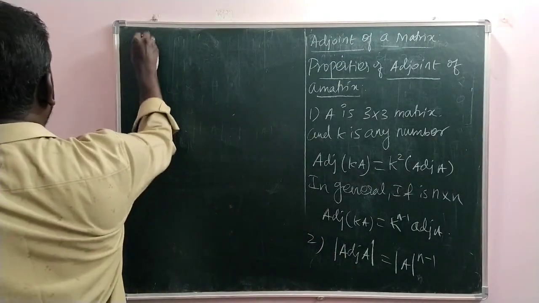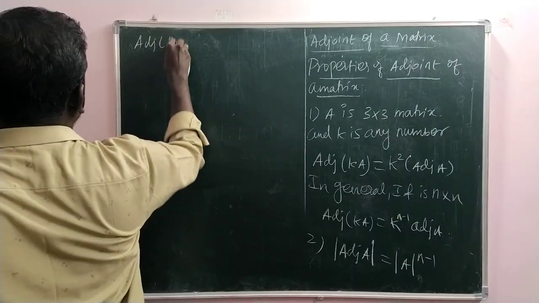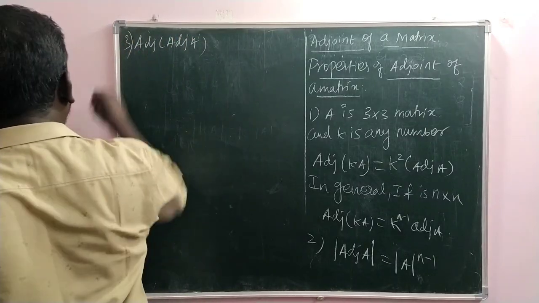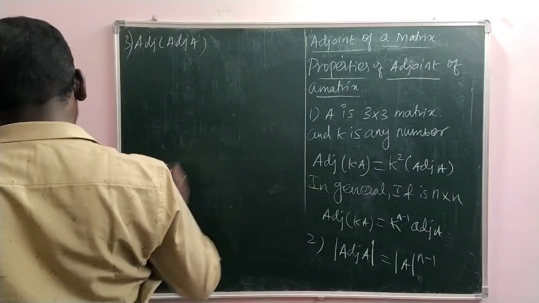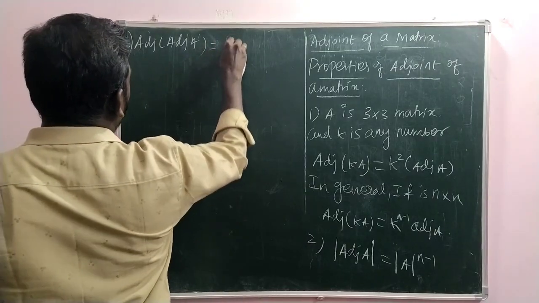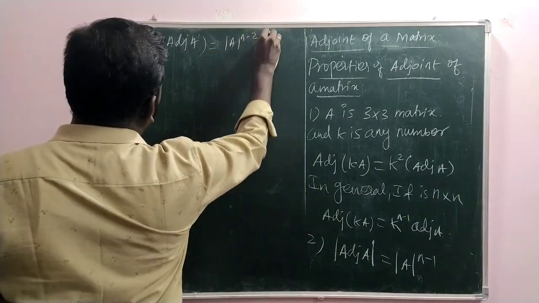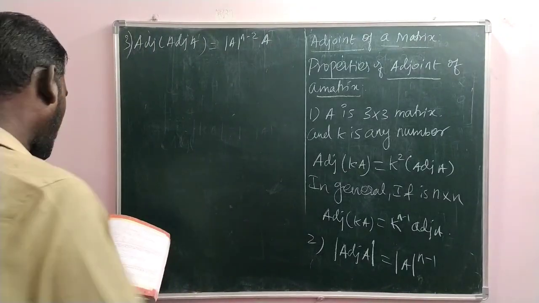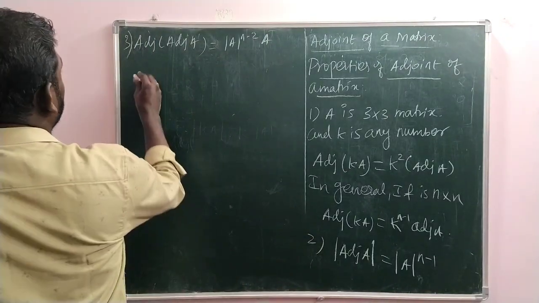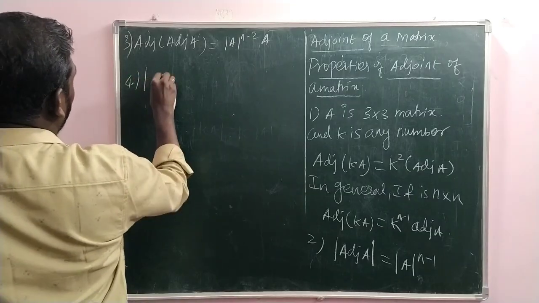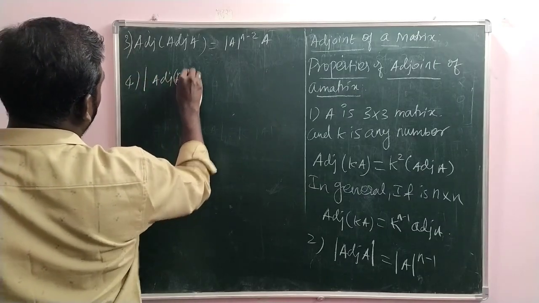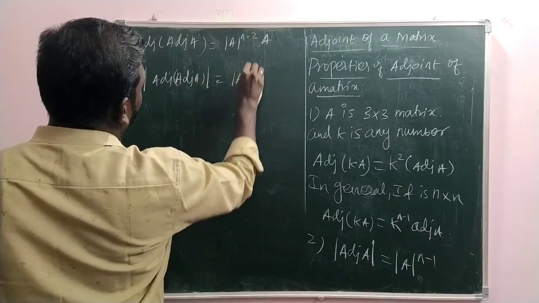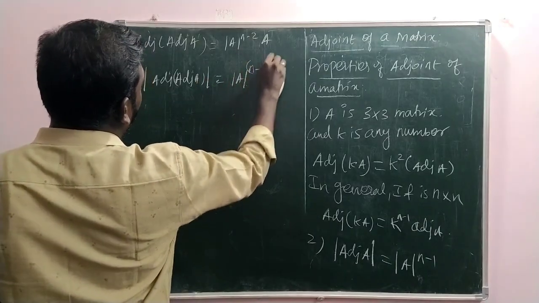And adjoint of adjoint of A: if you take the adjoint of an adjoint, then it will be equal to determinant of A power n minus 2 into the matrix A. And determinant of adjoint of adjoint of A is determinant of A power n minus 1 whole square.